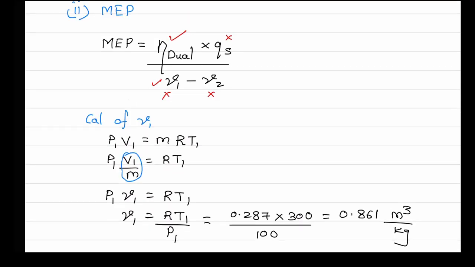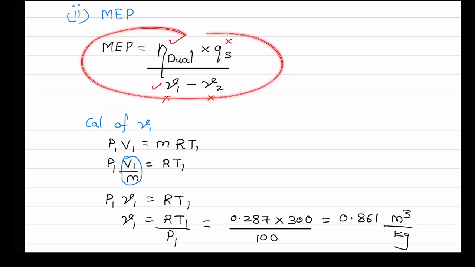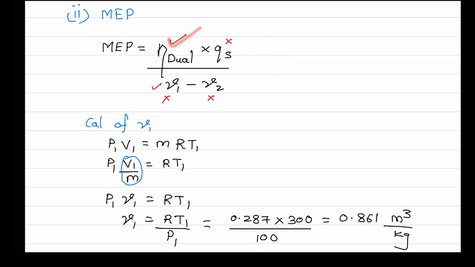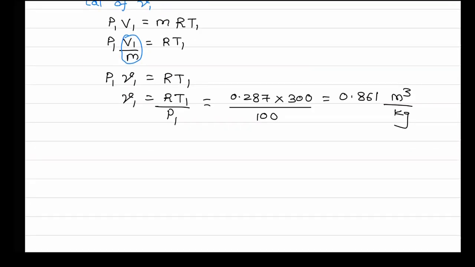So in this equation we have efficiency of dual cycle, we have v1 value. Now we require to find v2 value and QS value. So we will write down calculation of v2. How can we find v2? Simple calculation.